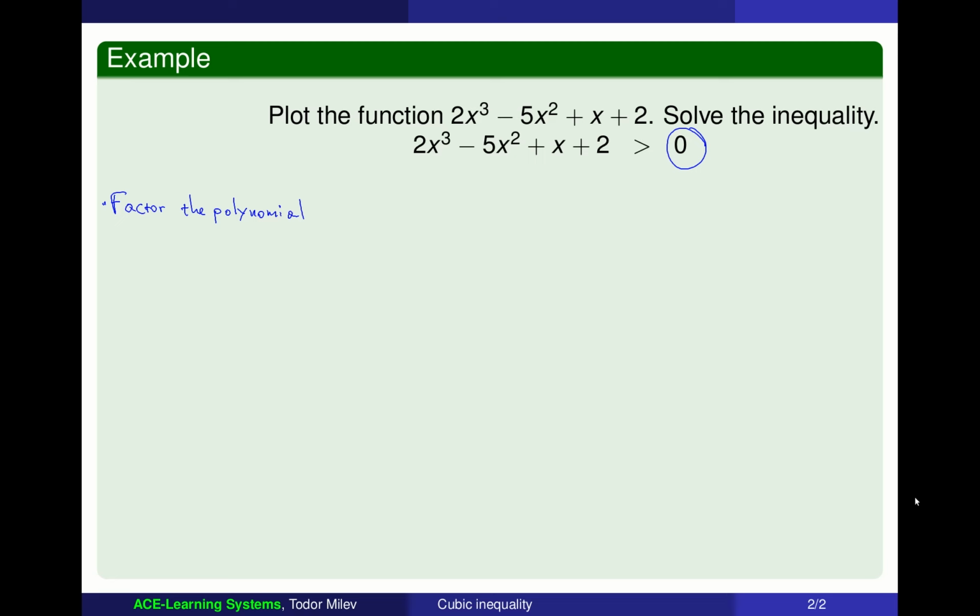Now, we have not studied a formula for solving a cubic equation, but there exists such a formula. It's called Cardano's formula. But that formula is very, very large, so it wouldn't fit on this slide if you do the full formula. So it is not practical to use such a formula on an exam.